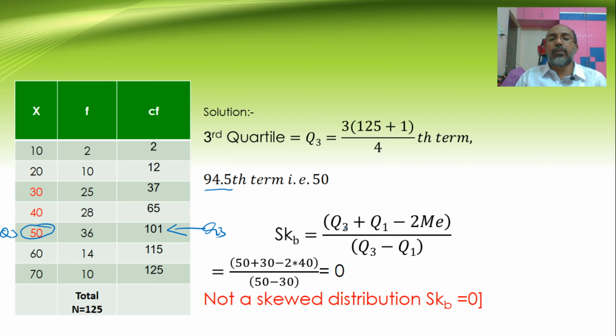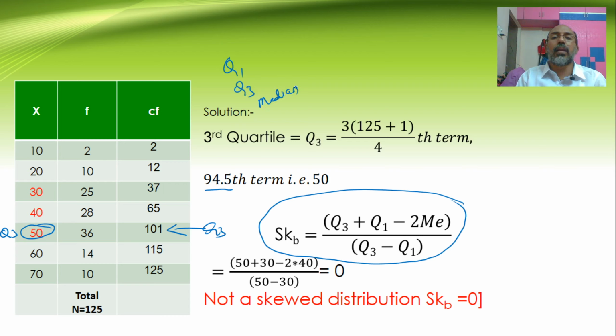So Bowley's formula is Q3 plus Q1 minus 2 times the median, divided by Q3 minus Q1. The actual work is only substituting the values, whereas finding Q1, Q3 and the median was already learned in the first chapter on central tendency.